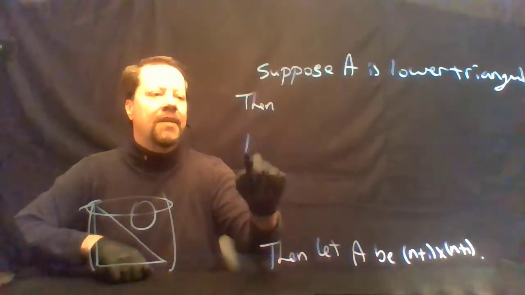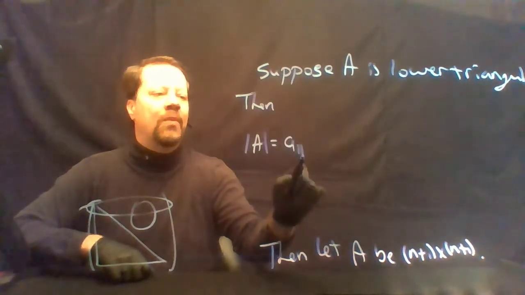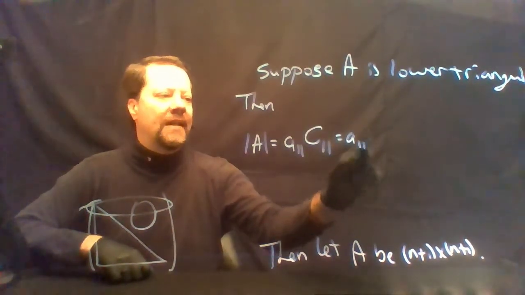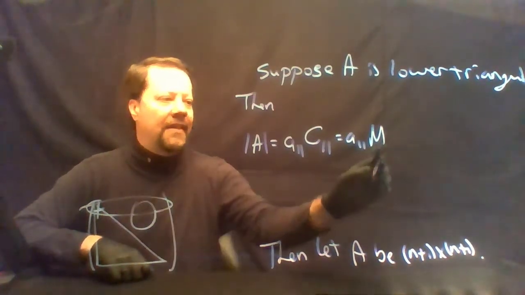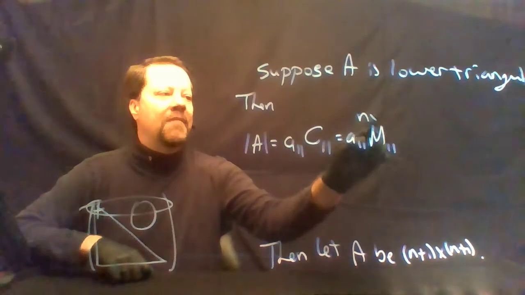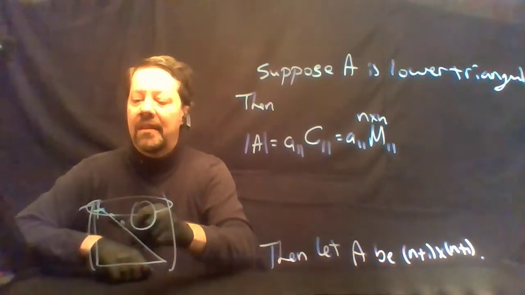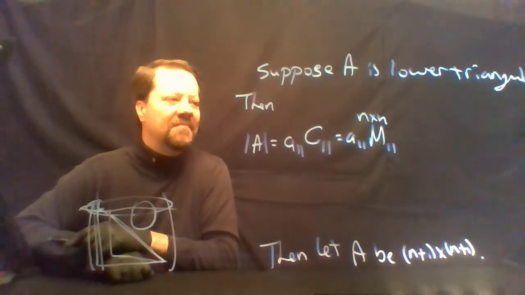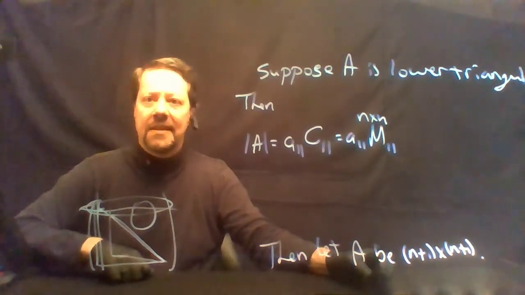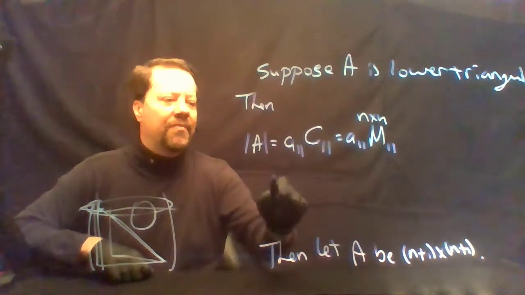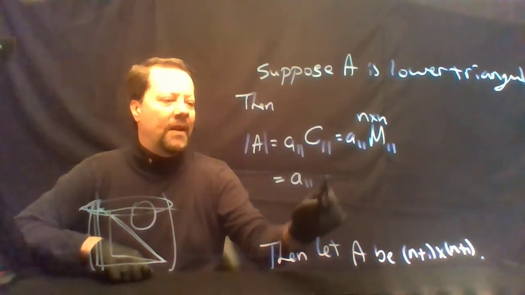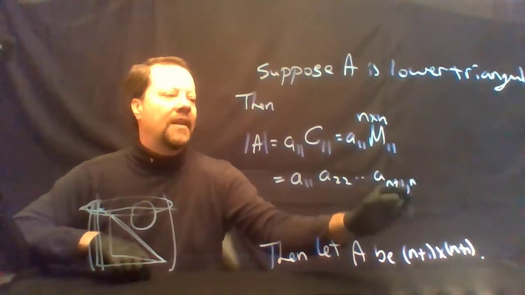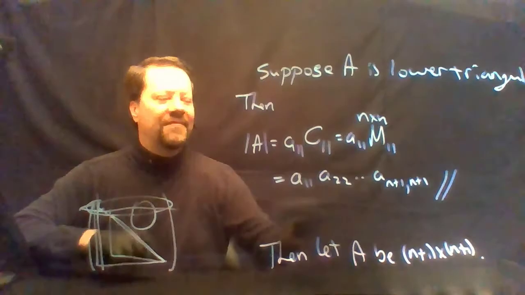Then the determinant of A will be A11 times the cofactor C11, which is A11 times the minor, since you're in the plus position at the upper left. Now the minor is n by n, and if we cross out this row and column, it is still lower triangular. It follows by the induction hypothesis, since the theorem is true for n by n matrices, that this will in fact be A11 times A22 through A n plus 1, n plus 1, and the theorem is over.